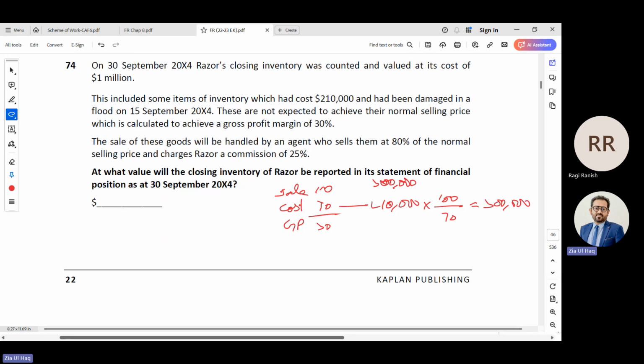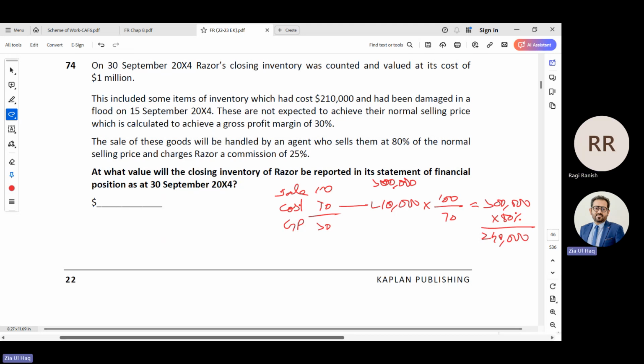The sale of these goods will be handled by an agent who sells them at 80% of normal selling price. This means these items can be sold not at 300, they can be sold at 80%, meaning 240,000. And charge a commission of 25%.